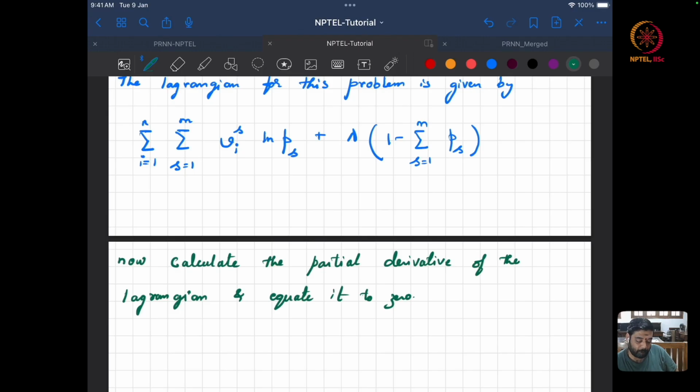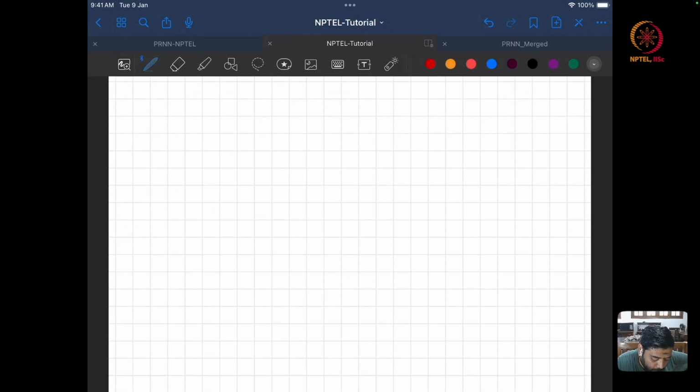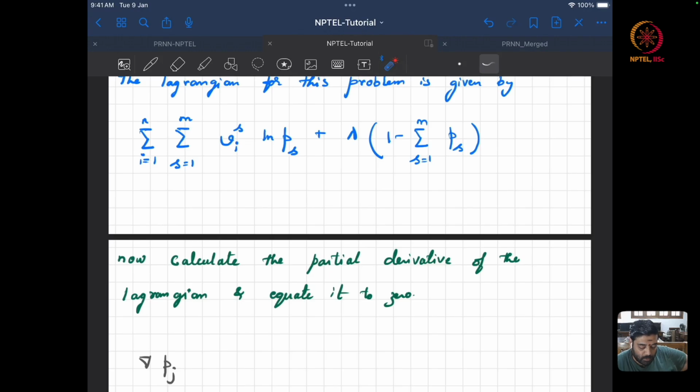Now let's take it with respect to Pj, or Ps in this case. For whatever Pj that you are considering, it will be Vis divided by Ps, minus lambda equals 0, and then there will be a summation with respect to i equals 1 to n. Correct?